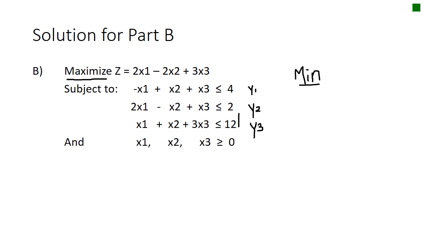And we can circle these coefficients to say that those are going to be the new coefficients for our objective function. So our new objective function for the dual problem is going to be 4y1 plus 2y2 plus 12y3, and we are going to minimize that objective function.